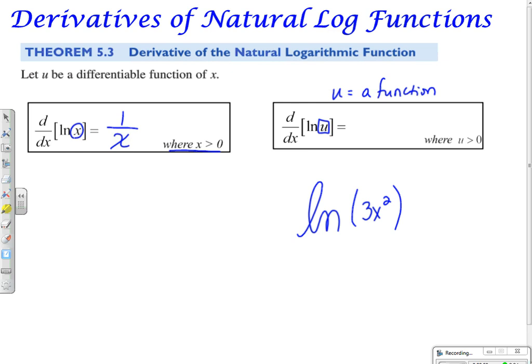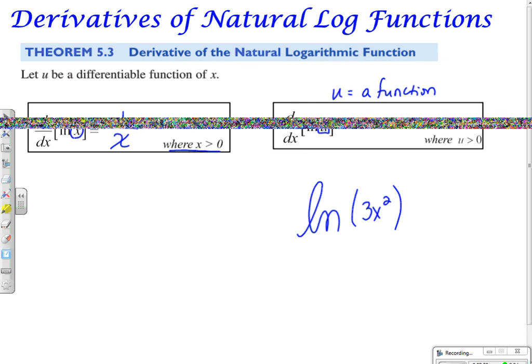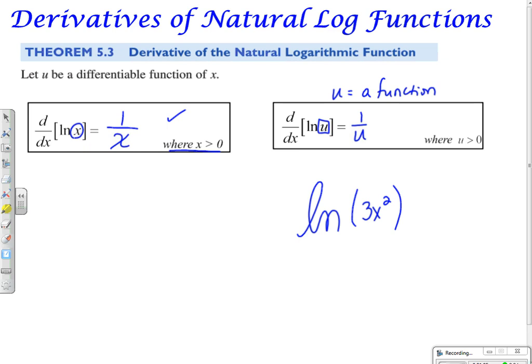Well, it's very similar to what we did over here. It's going to be 1 over u, just like it was 1 over x. So 1 over this expression here multiplied by u prime, which really is the chain rule. So it's 1 over u, and then the derivative of the inside, the derivative of u. You could shortcut this and write it as u prime over u, and think of it that way if you wish.